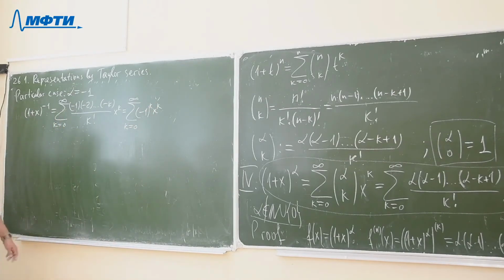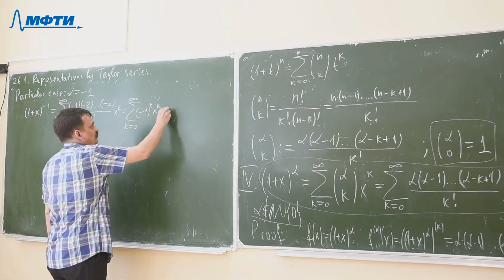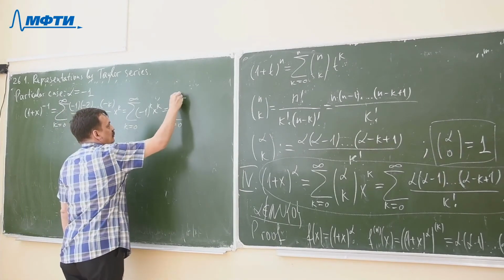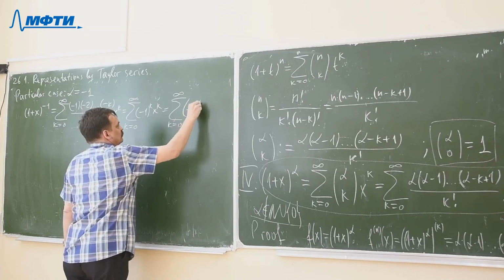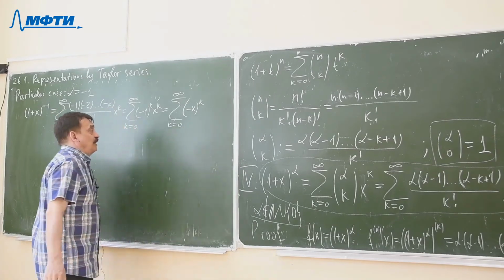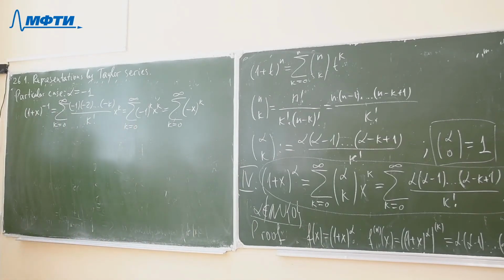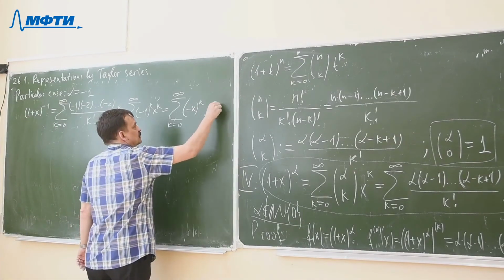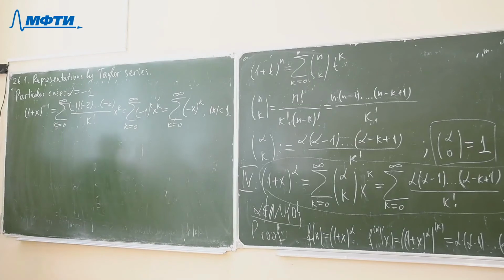And of course, we recognize immediately the formula for the geometric progression, right? With denominator minus x. Infinite geometric progression. And by the way, when it is valid, that is also an interesting case. It is valid only for modulus of x less than 1, strictly less. No exclusions here, of course.